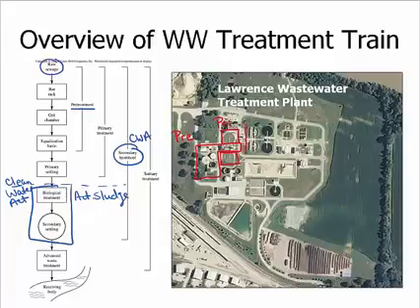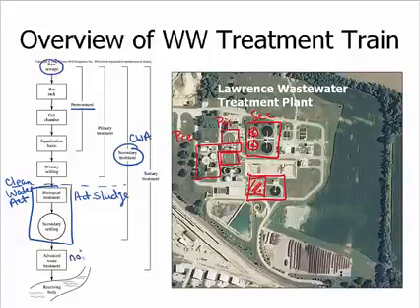And in our aerial, the secondary treatment units are here. So you have your activated sludge units here, and then your secondary clarifiers there. Now, if a wastewater treatment plant requires it, it can also have a number of advanced waste treatment steps, which would be considered tertiary treatment.